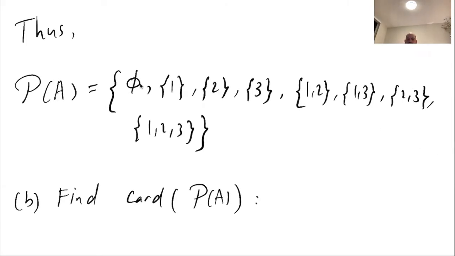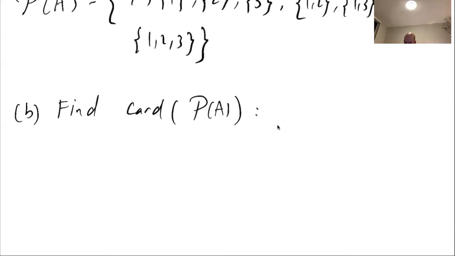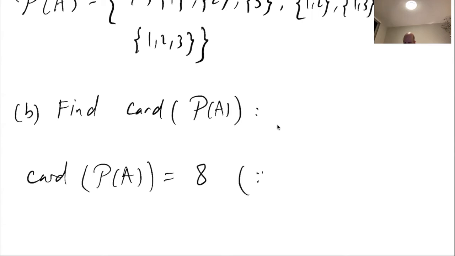This is the first element, and then there is a comma. Then this is second, third, fourth, fifth, sixth, seven, 8. So 8 elements. The cardinality of P of A is equal to 8, because P of A has 8 elements.